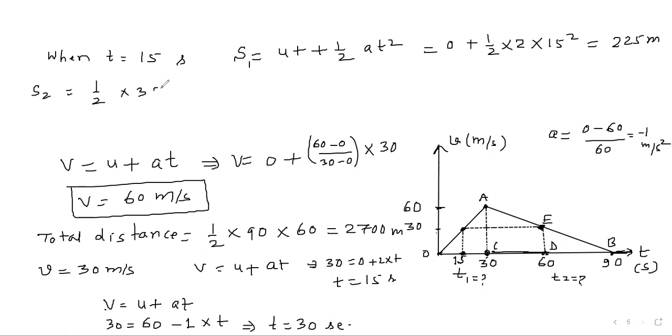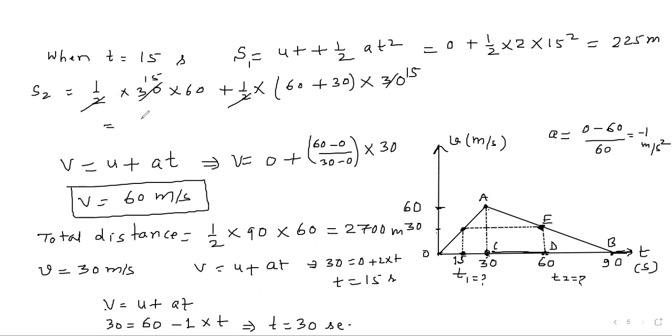So 1 by 2, 30 into 60, this portion, plus the area of the trapezium, half into sum of parallel sides into height. So here the sum of parallel sides: this corresponds to 60, this corresponds to 30. So 60 plus 30 into the separation, that is the perpendicular distance, so that is 60 minus 30. So it is 30. Now, we will cancel this 30 by 15 times, and this will cancel 15 times.